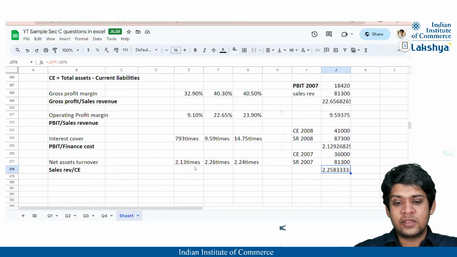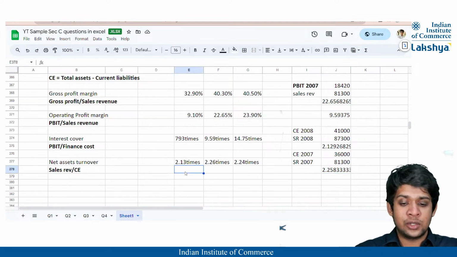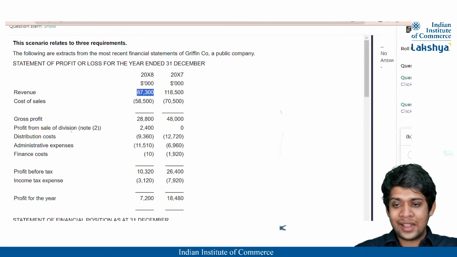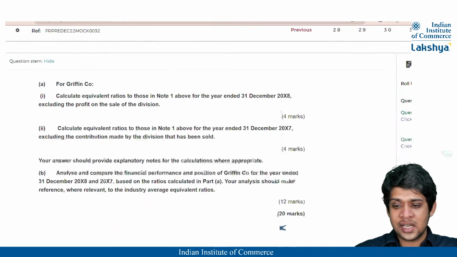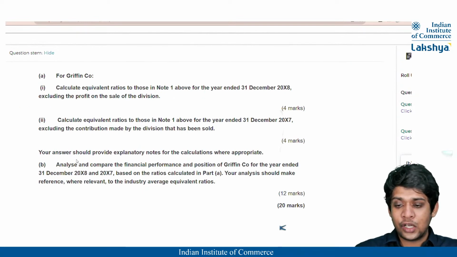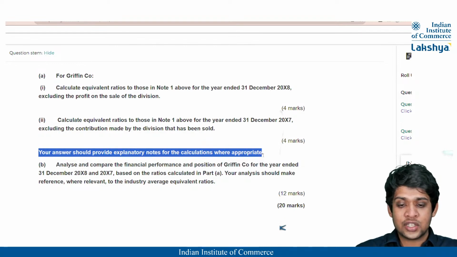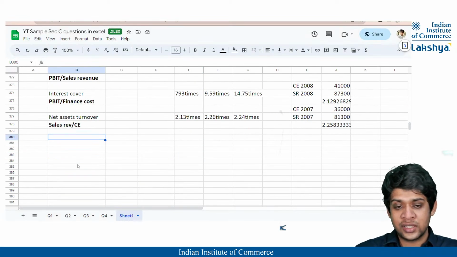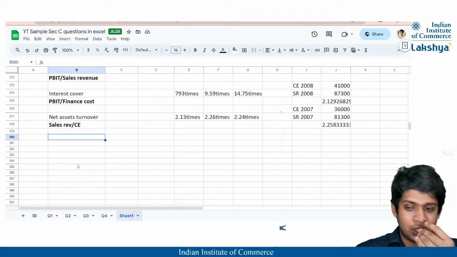Right, guys? Now, always remember one thing, that in your ratios, whenever you calculate, you present it well. If in case they've directly given you columns and you just need to state the answer, you can also state the answer. Now, as you can see, in the question stem, they've also mentioned that your answer should provide explanatory notes for the calculations wherever it is appropriate. So you can provide certain notes for certain calculations, whatever you think is necessary.